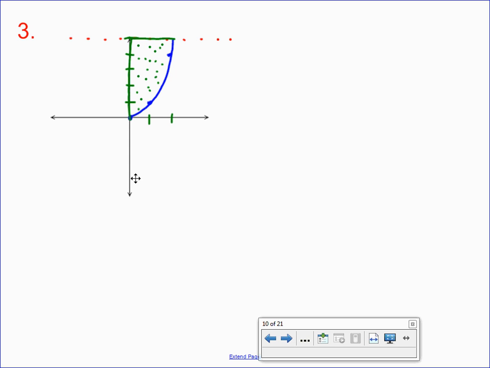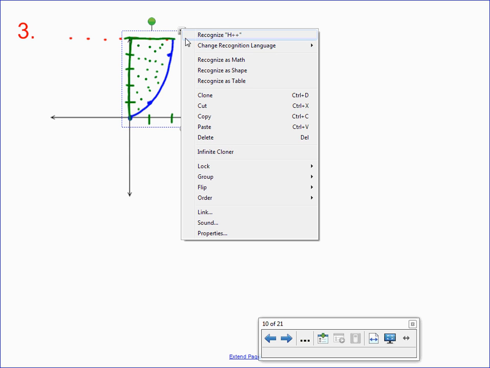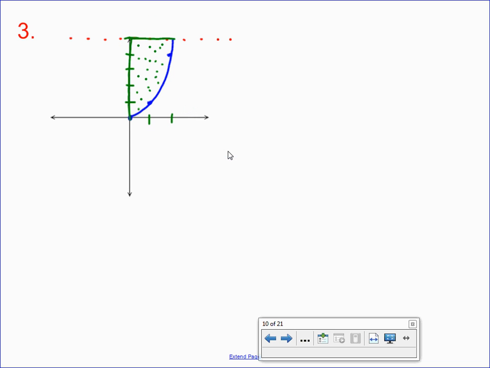Then I'm going to group that. Oops, I don't want that.